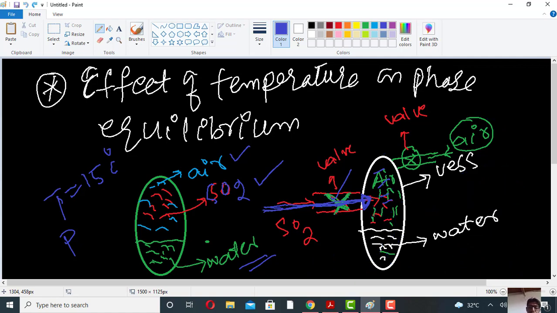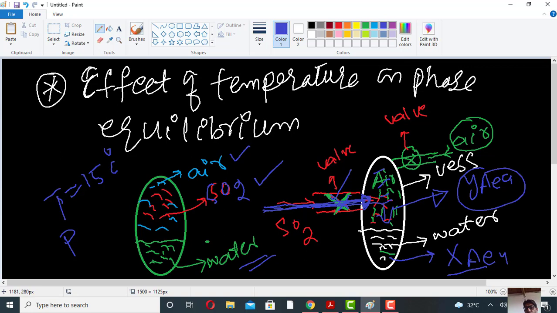Then we open the valve and enter sulfur dioxide. When equilibrium is achieved, we measure the sulfur dioxide concentration in the air above, and it comes out to YaE3. In the liquid it comes out to XaE3. Again we open the valve and enter sulfur dioxide into the system. When equilibrium is achieved, we measure the sulfur dioxide above the water, and it comes out to YaE4, and in the liquid XaE4, during experiment number 4.